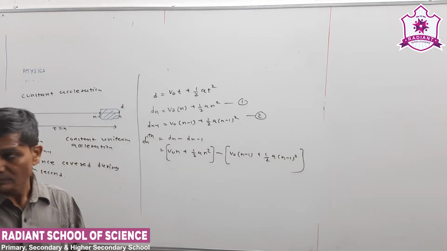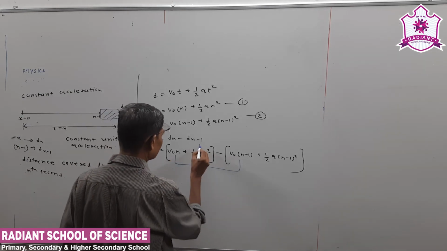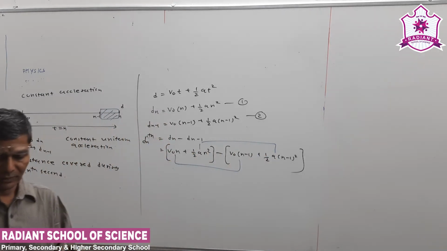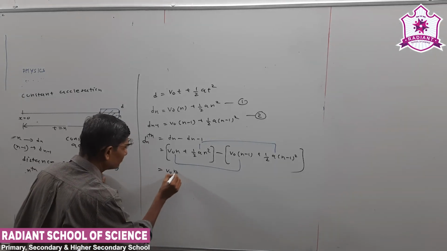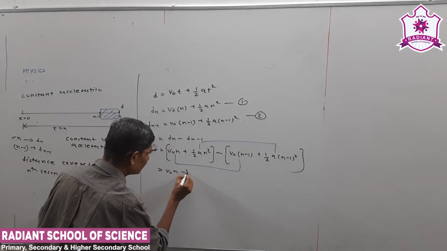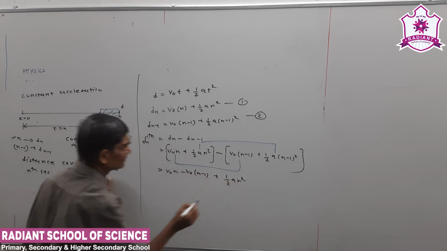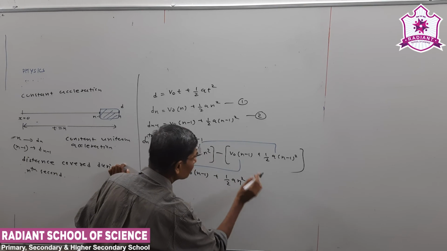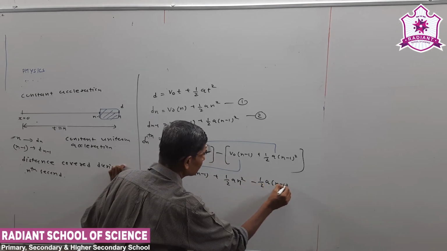Okay, now see, I keep the terms with v0 together and 1 by 2 a together. Now we try to simplify. See, this will be v0 n minus v0 n minus 1, plus 1 by 2 a n square minus 1 by 2 a n minus 1 whole square.